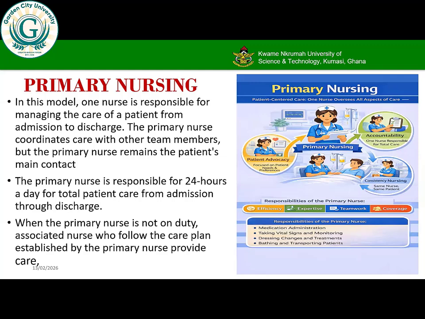The primary nurse coordinates care with other team members, but the primary nurse remains the patient's main contact. We have a team, but I am the primary nurse. I have to take care of you. So the primary nurse is responsible for the patient 24/7, 24 hours a day for total patient care from admission throughout the discharge.